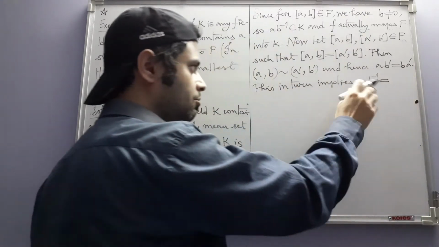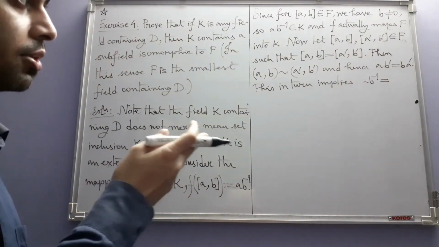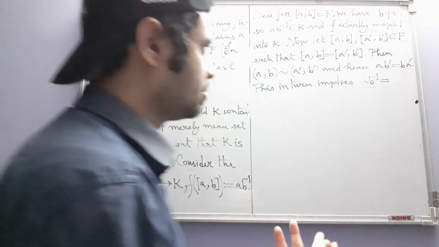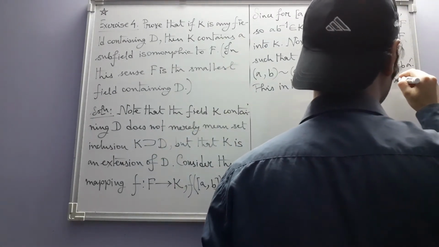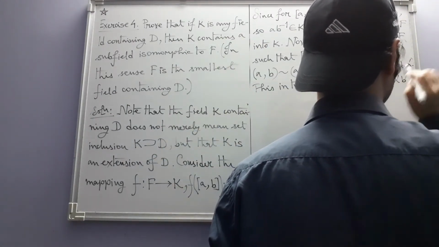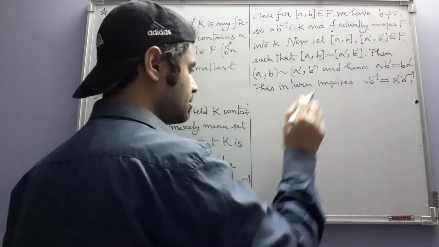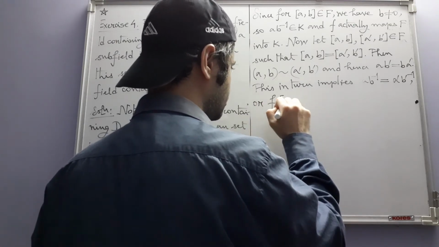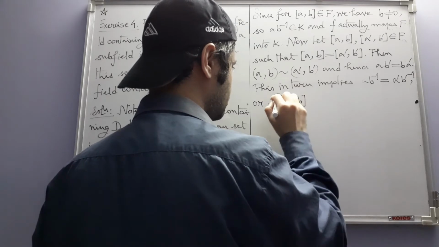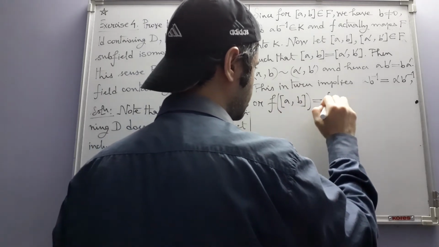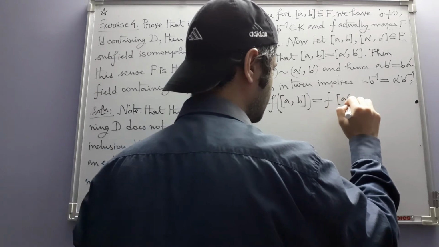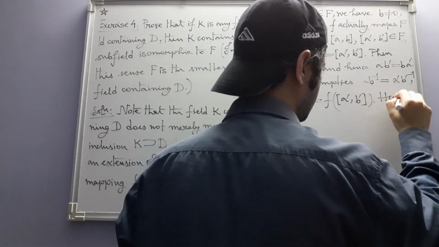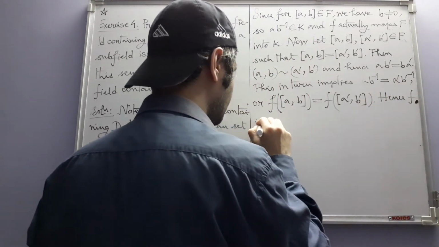We don't have to bother about the order in which we are writing the elements, because we are working in a field, which is a commutative ring. This is nothing but f of (a, b), and the right hand side is f of (a', b'). Hence f is well defined.